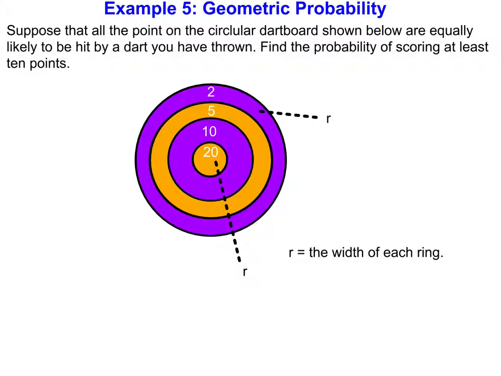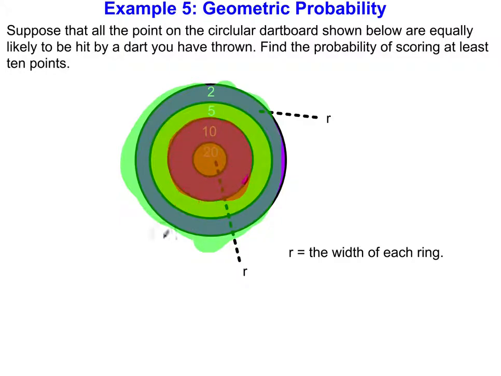So the first thing we've got to figure out is our sample space. Our sample space is the entire dartboard. This is our sample space, the green. And then our event that we're interested in is the probability that we get at least 10 points. Well, we get at least 10 points if we land in here.